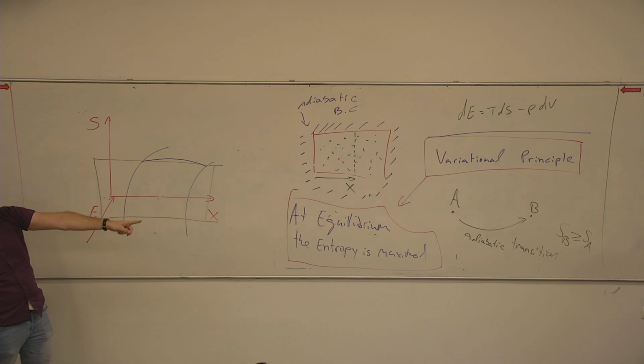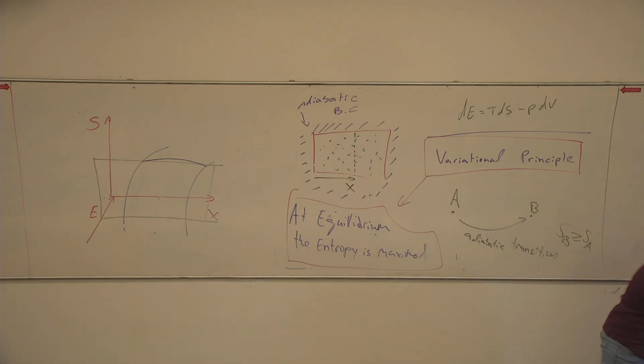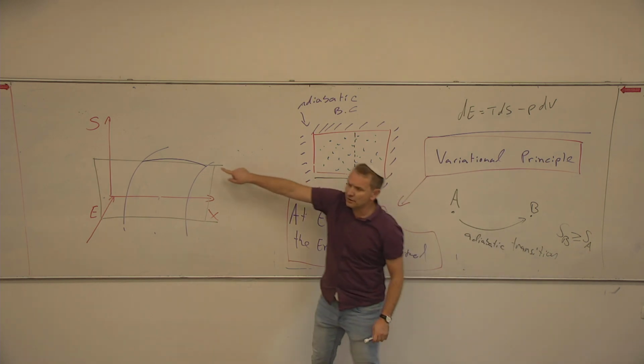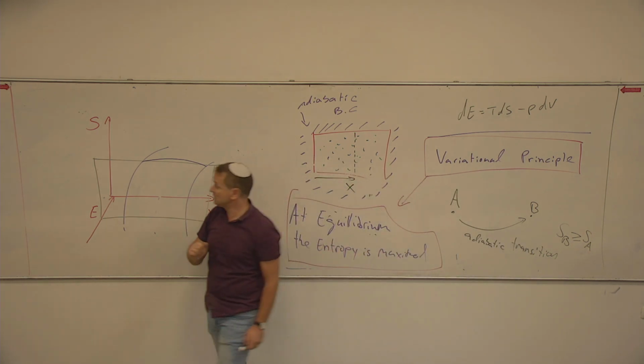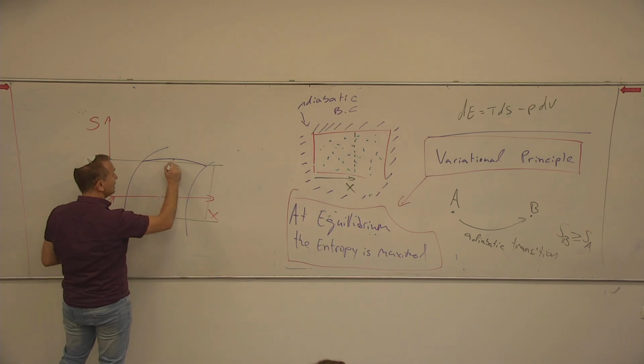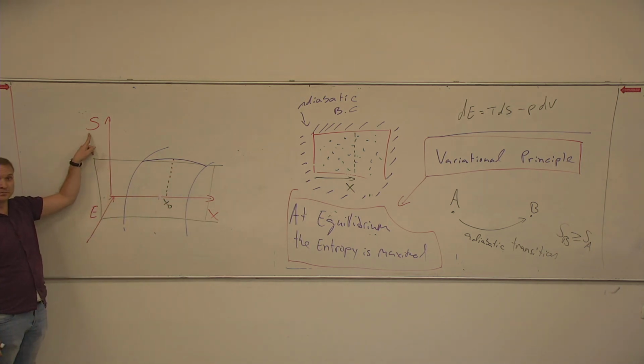And the statement that entropy is maximal says that on this crossing line, there exists one specific point, let's call it x0, where the entropy is maximal.